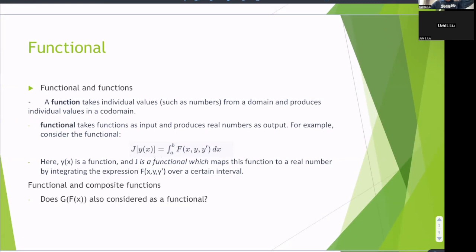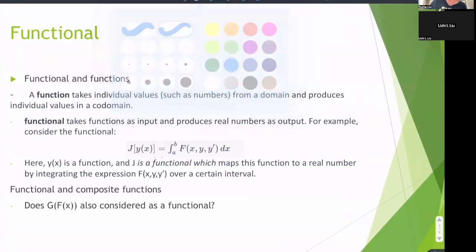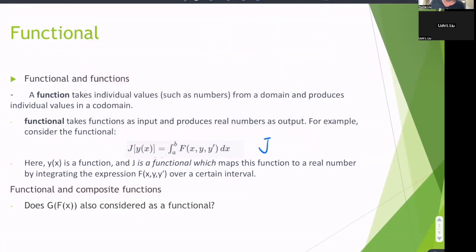A functional is a bit different, but it's still in the category of functions. A functional takes a function as its input and produces a real number as its output. For example, we have functional J here. J is a functional which takes y of x, a function, as its input, and it will output a real number.